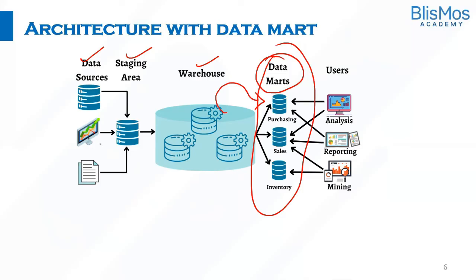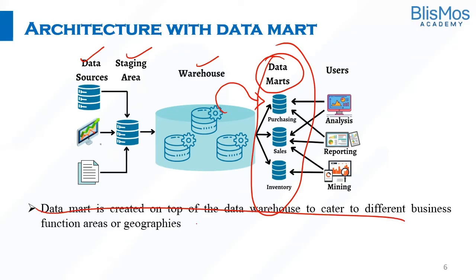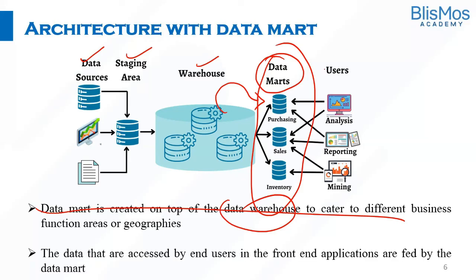In this architecture, we have data sources, staging area, warehouse, and also data marts. The data marts are created on top of the data warehouse to cater to different functional areas or geographies. Whenever you have data marts, usually the users who want to create reports pull the data from data marts rather than from the warehouse.